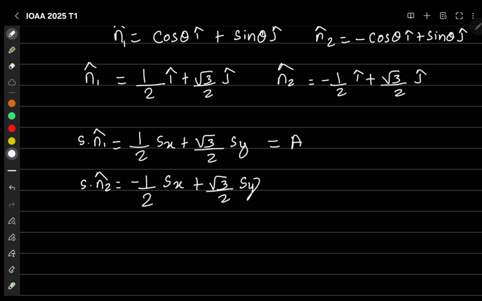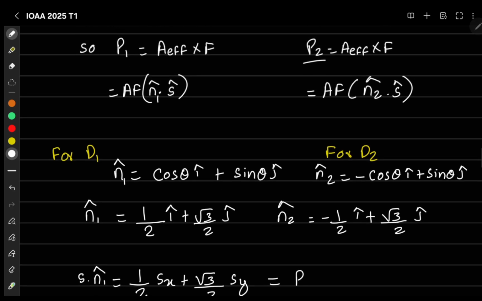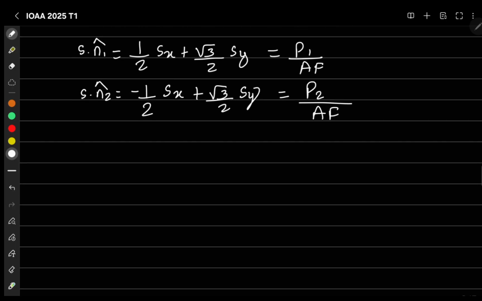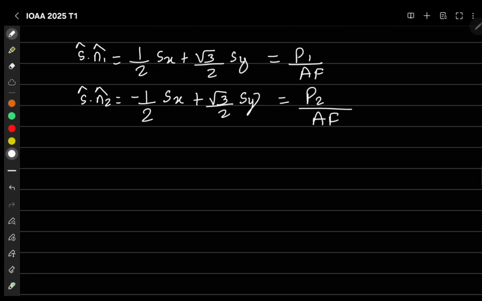And this is equal to AF, this is also equal to power 1 by AF times flux, and power 2 by AF times flux, correct? And this is also a normal vector.